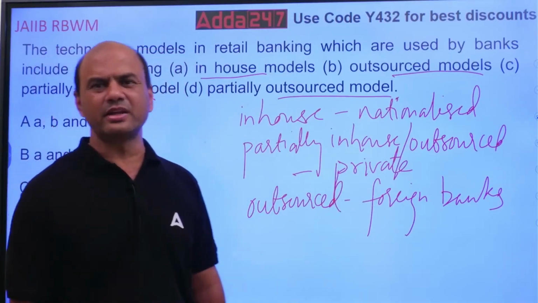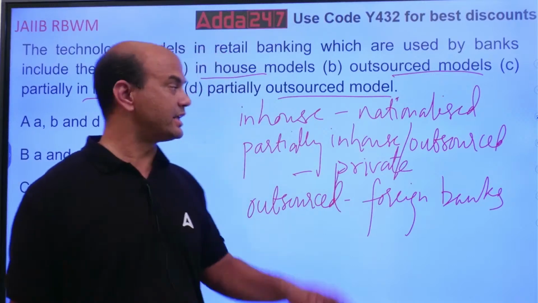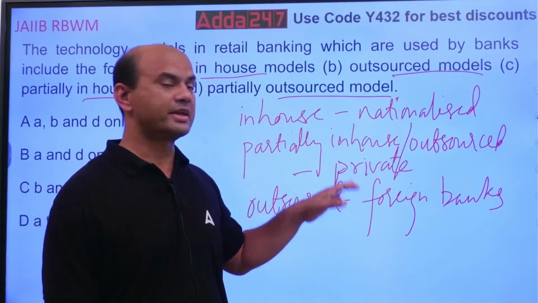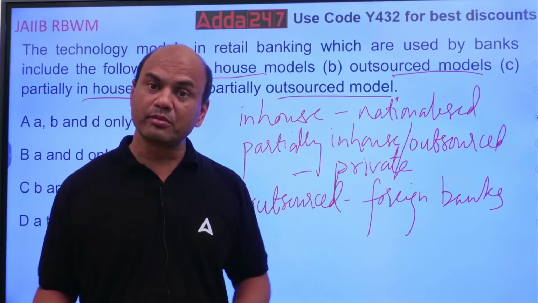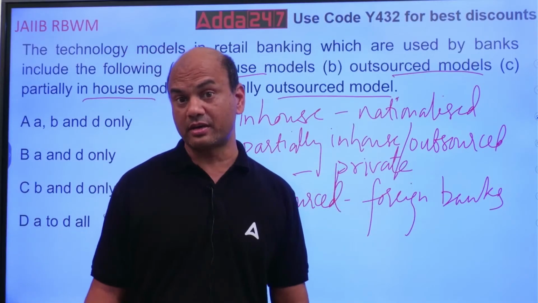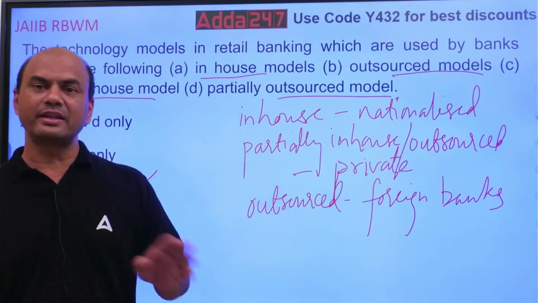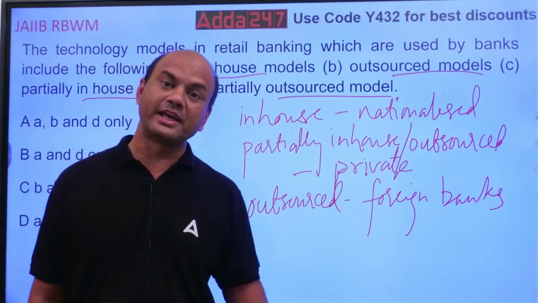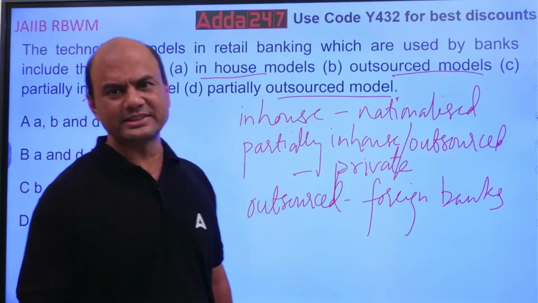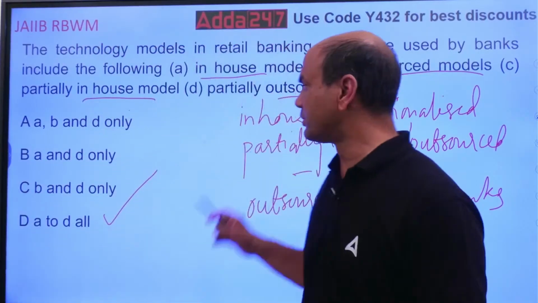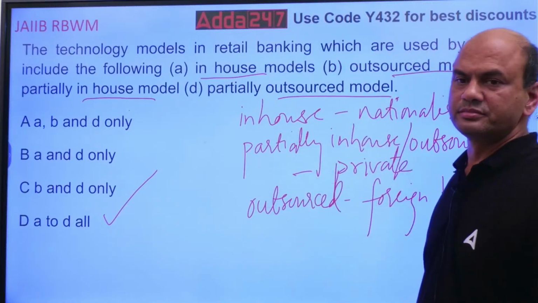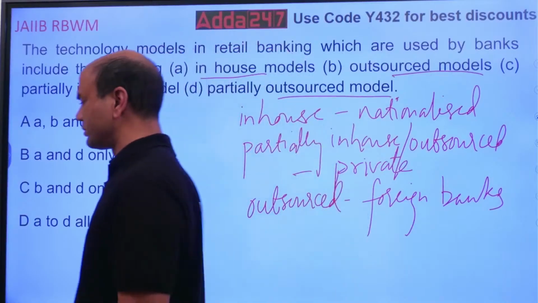Now everyone has got money. In fact, nationalized banks specifically have more money and more liquidity as compared to foreign banks now in our country. So practically it's nothing like this, but the question is as per the books. So as per the books, the answer is A to D. Got it, everyone? As per the books, this is the answer.